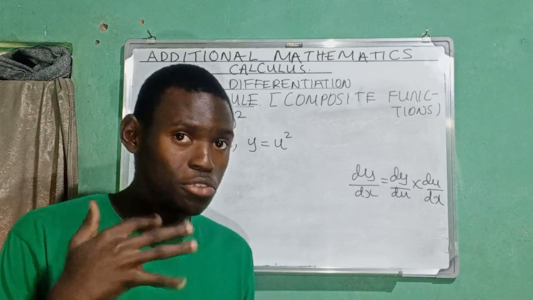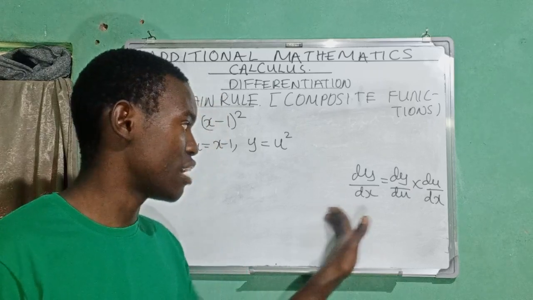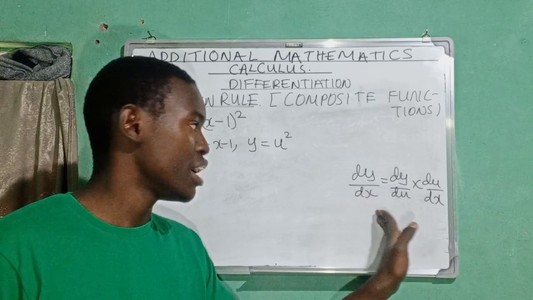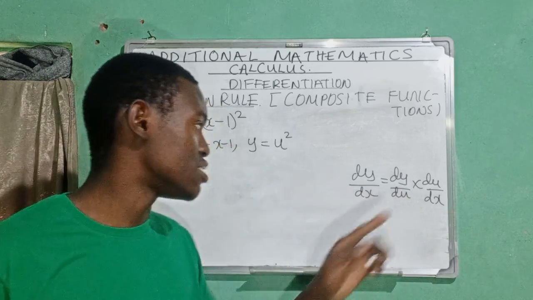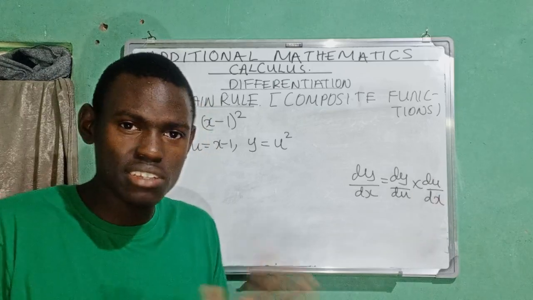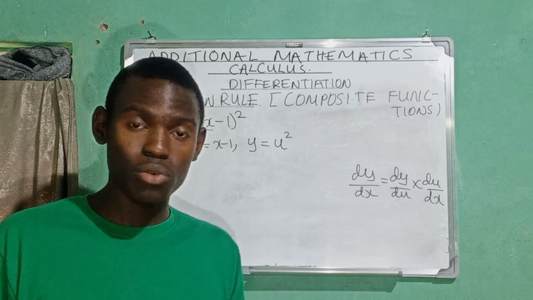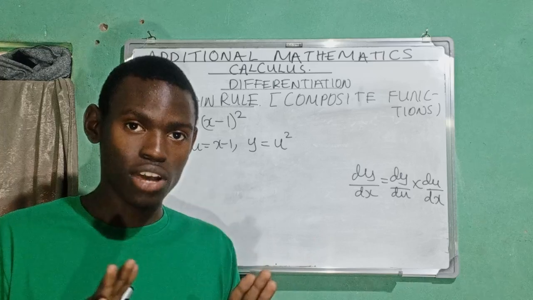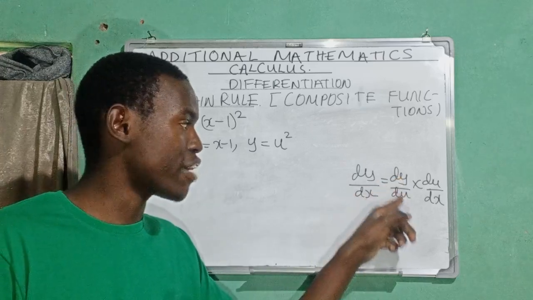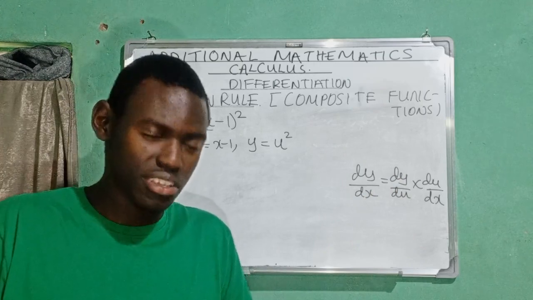But as a memory mnemonic, a way of remembering this rule, you imagine in your head that the du and the du cancel, sort of like simplifying. But when you're answering a question, they never cancel out, because this is not a fraction. It is actually a derivative.